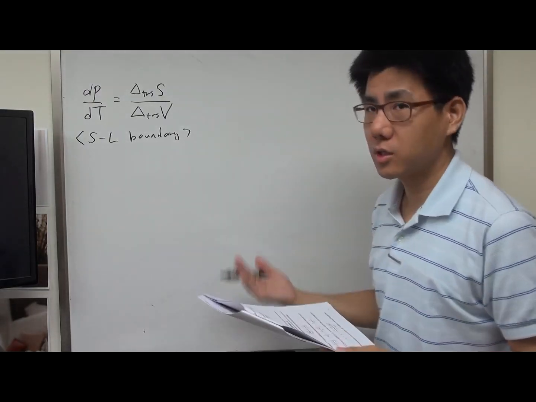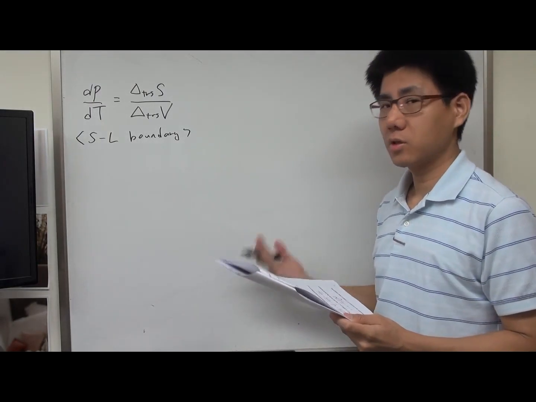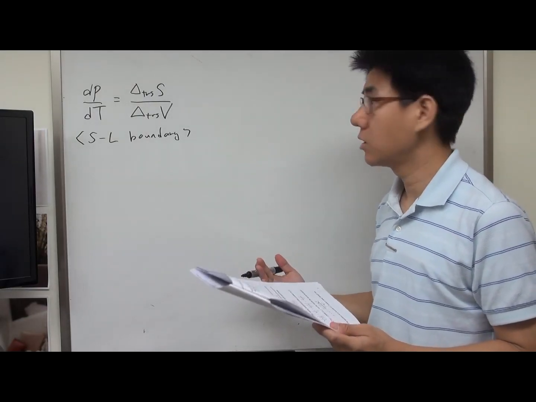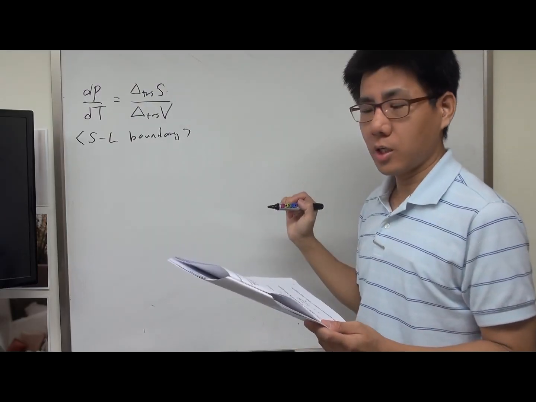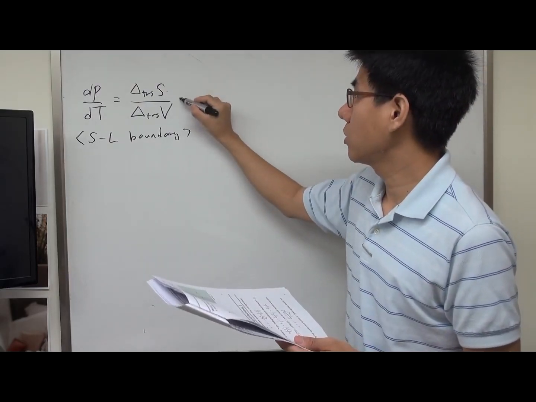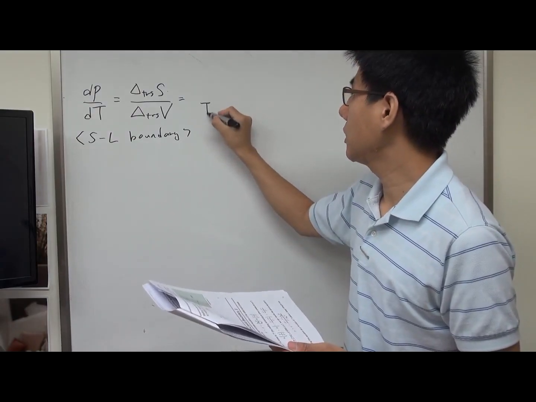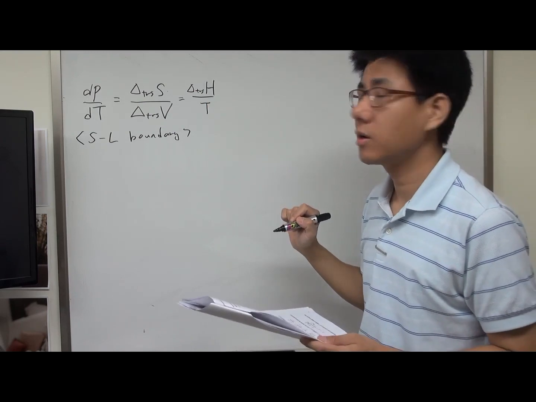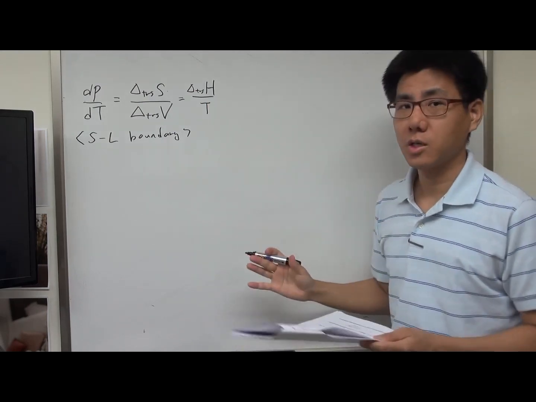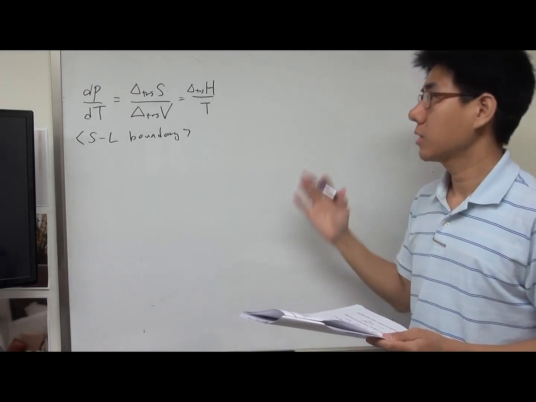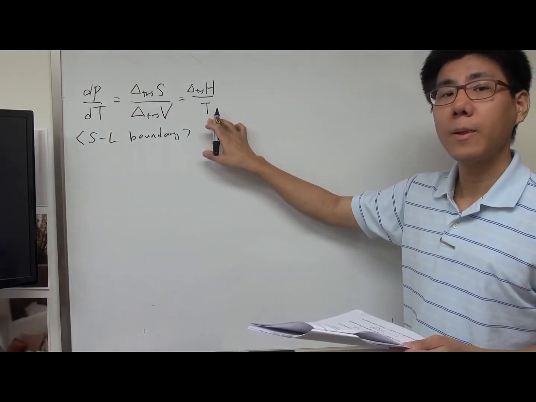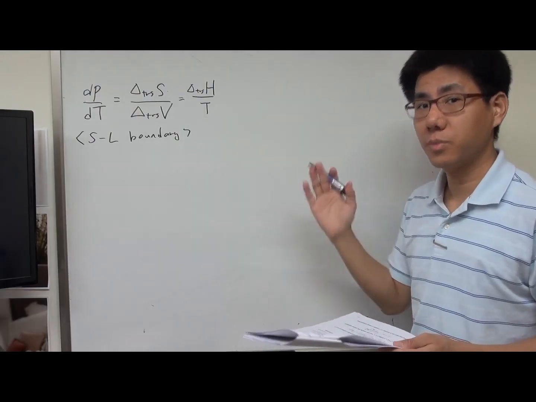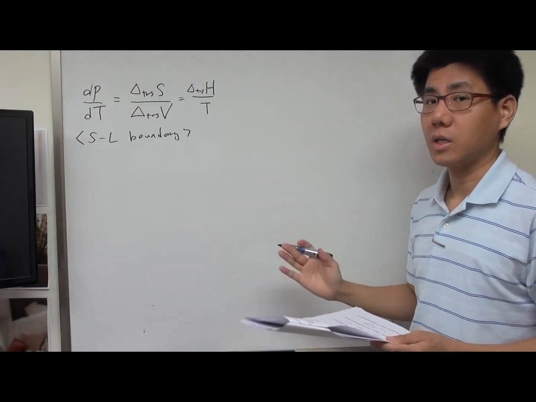When a physical transition such as melting or vaporization occurs, entropy change corresponds to, remember, delta H over T, right? Remember, when phase transition occurs, temperature is constant, and phase transition occurs at constant pressure, basically in equilibrium.